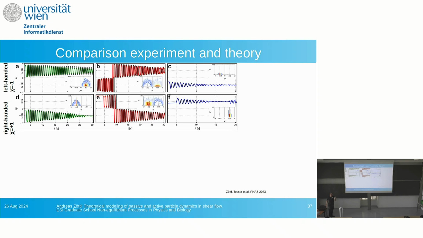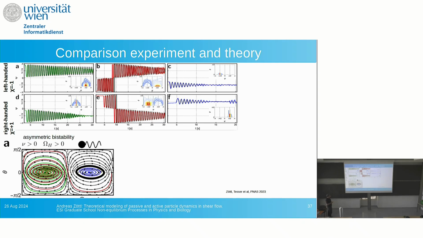Because in the experiments, we only know the shear rate up to some 5% error. And within this 5%, I was setting in the simulations the shear rate so that we get exactly the same frequency as in the experiments. But this simple model, depending on the initial condition, really shows that it's working well for these chiral particles, for these nicely constructed microprinted particles.